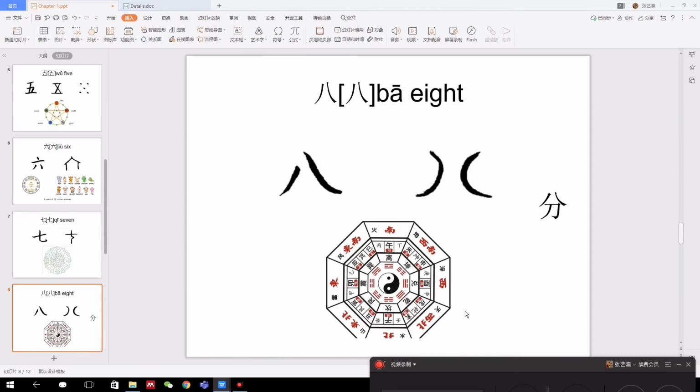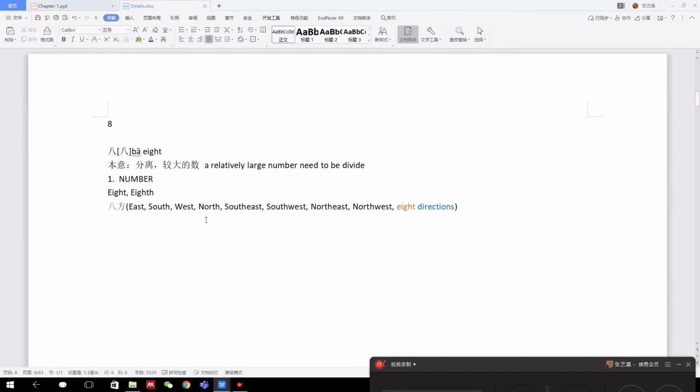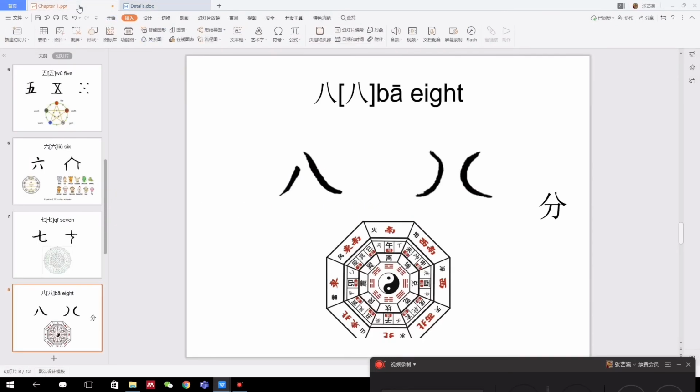For example, 八方 is the 8 directions: east, south, west, north, southeast, southwest, northeast, northwest. And Asian people like to use these to do some calculation and make a fortune or decide whether your location, your home is lucky or not.